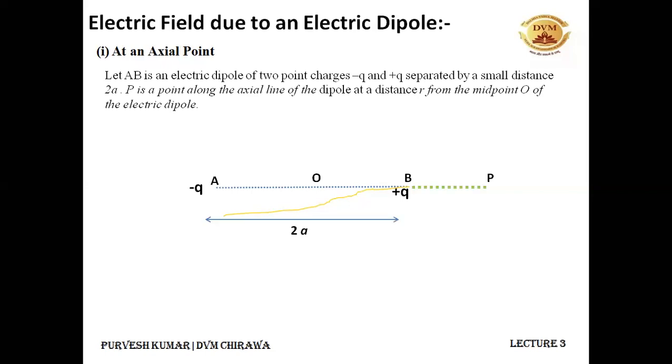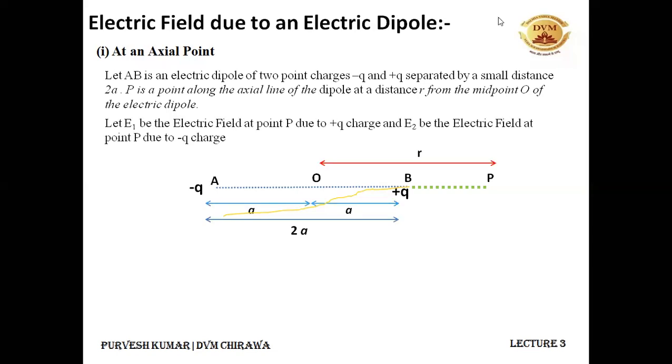The direction of this electric field at point P because of the presence of plus Q charge will be away from this point P, because this is a plus charge and electric field is always directed away from the plus charge.